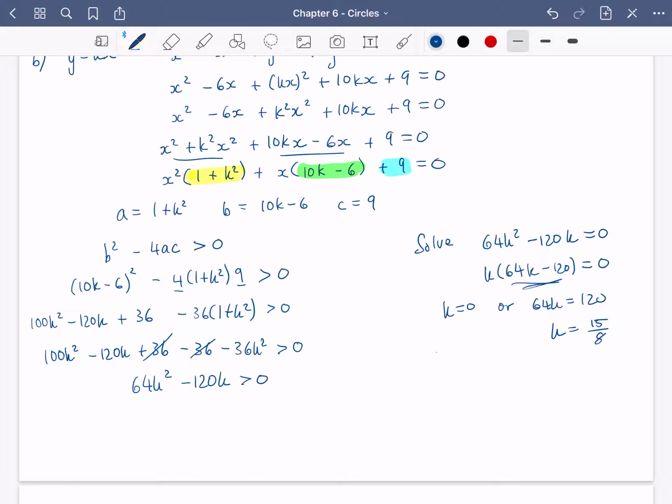So when we do the sketch for this, we can see that the places it's crossing are going to be at 0 and 15 over 8, and it's a positive quadratic because of the fact that this number here is positive, and we want it to be greater than 0. So the places where it is greater than 0 is this branch and this branch, which therefore corresponds to these numbers or these numbers.